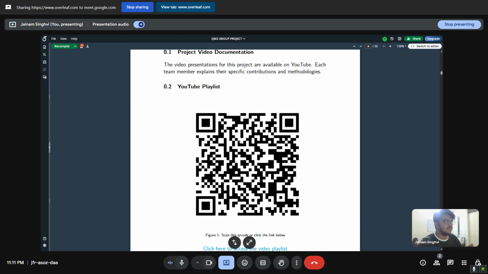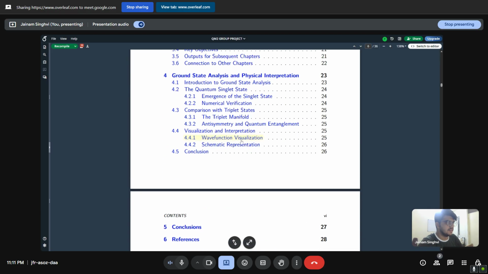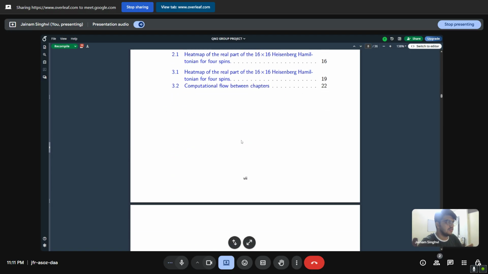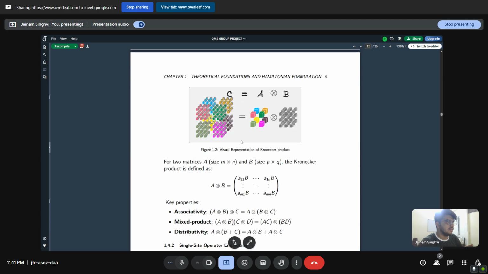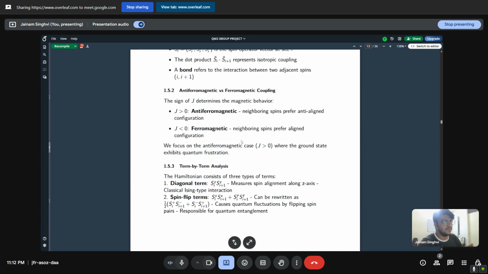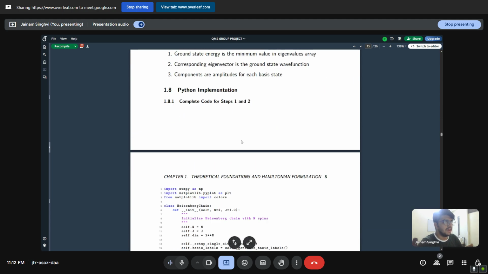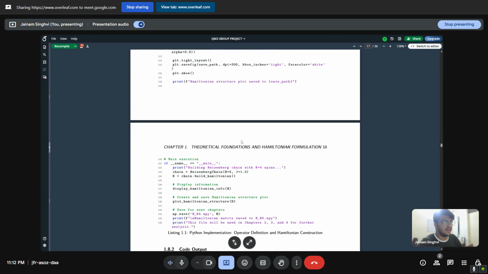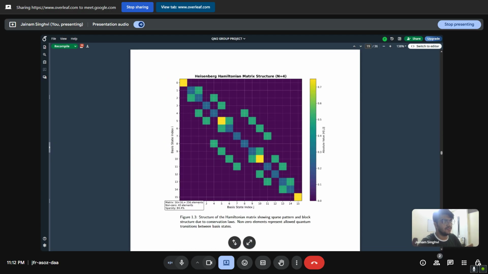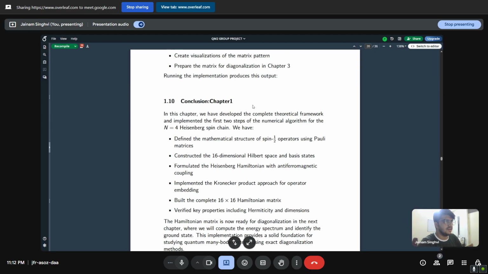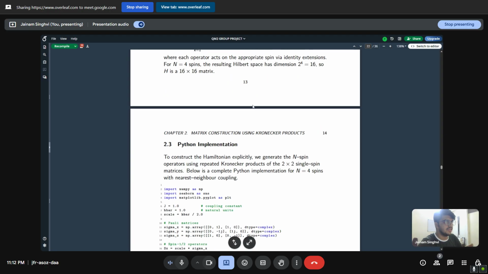Coming to chapter 3, which I'm going to be presenting. In chapter 2, Mayank calculated the Hamiltonian matrix, the 16 cross 16 matrix, which looks somewhat like this, the Heisenberg Hamiltonian matrix structure.